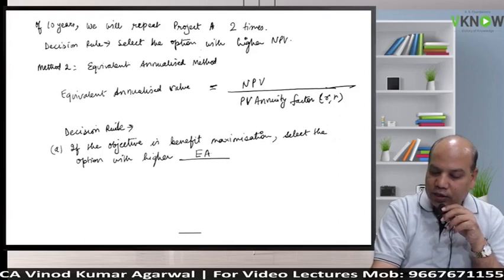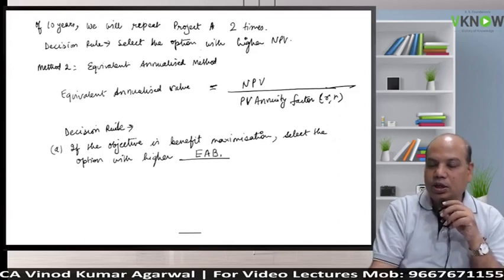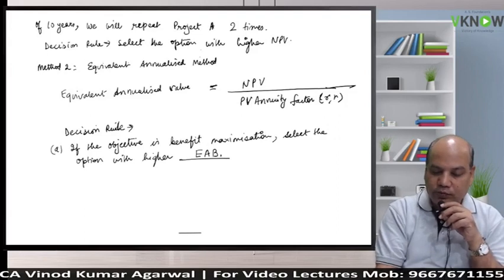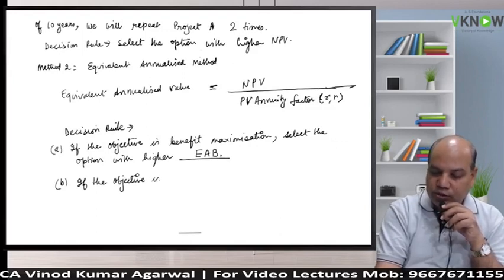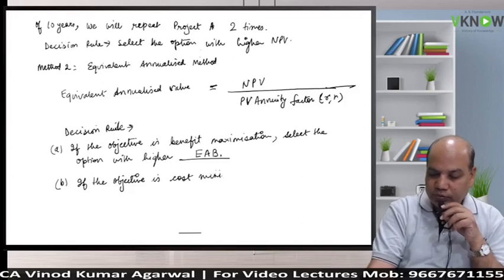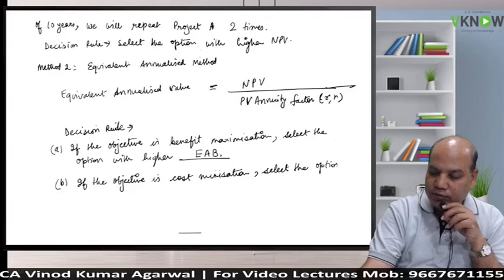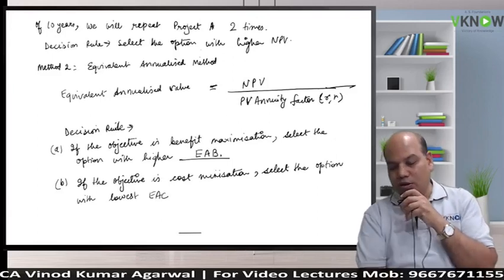Equivalent annualized benefit, EAB. And if the objective is cost minimization, select the option with the lowest EAC.